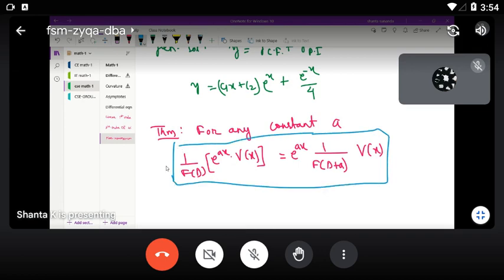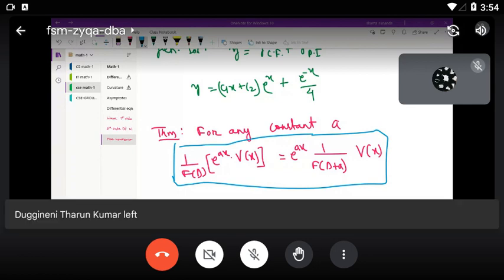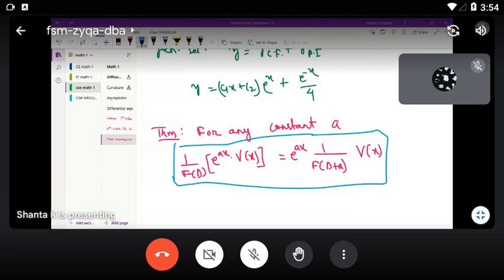So let's see one example, then you will understand. Find the particular integral.